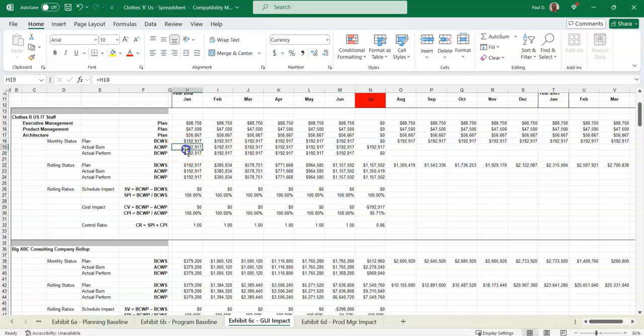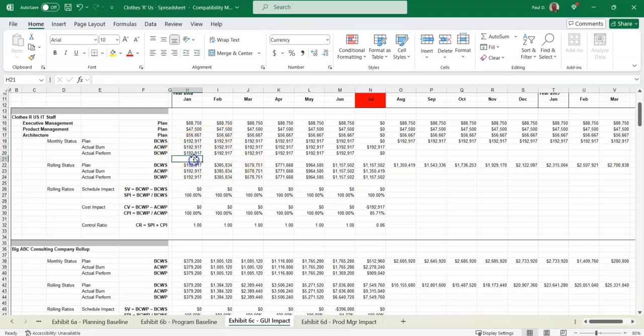Now, the actual cost may fluctuate depending on who you have working on it, how many people are working on it, and what their salaries are. So you can overrun or underrun your cost performance, but your schedule performance is always 100% because it's an LOE function.